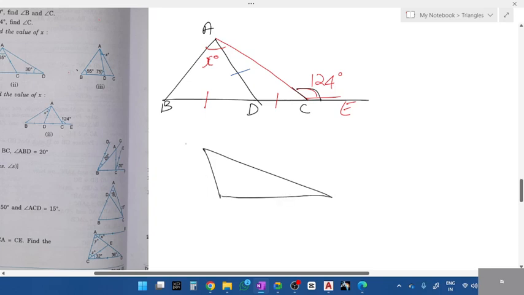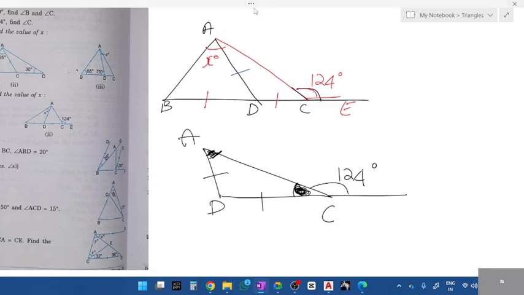So take the second triangle. In the second triangle, which two angles are equal? If AD is equal to DC, angle A would be equal to angle C, students.